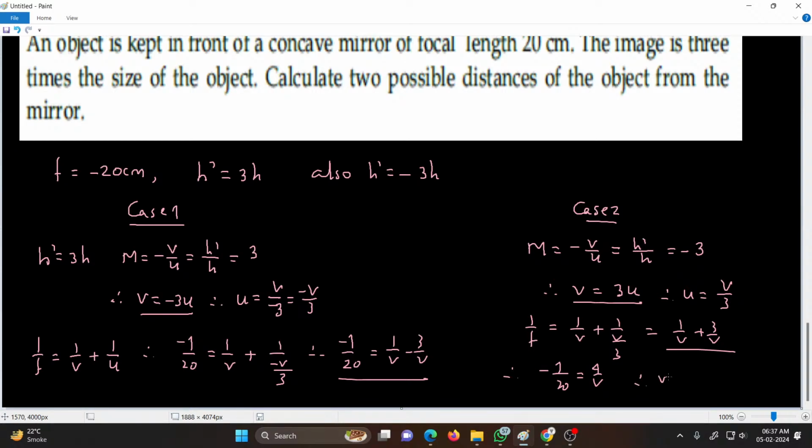So here v will be equal to minus 80 centimeter, and here minus 1 by 20 is minus 2 by v, so minus will become plus, and accordingly you can solve. So like this, these numericals can be solved.